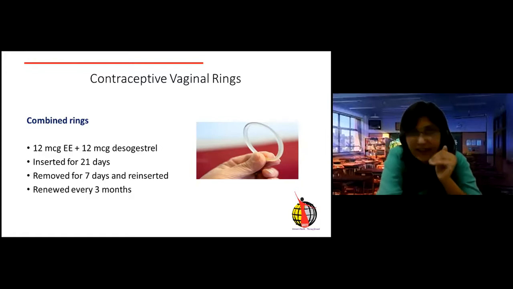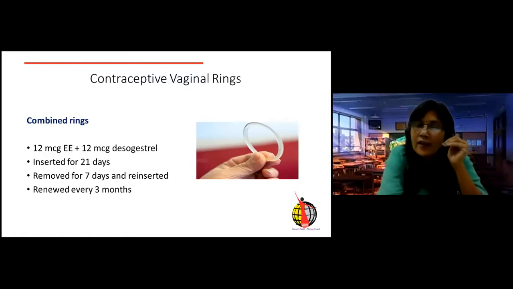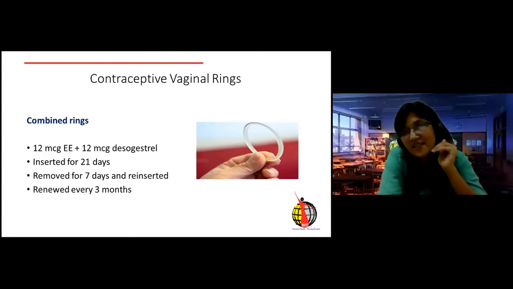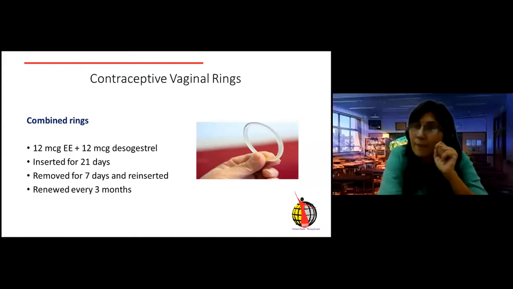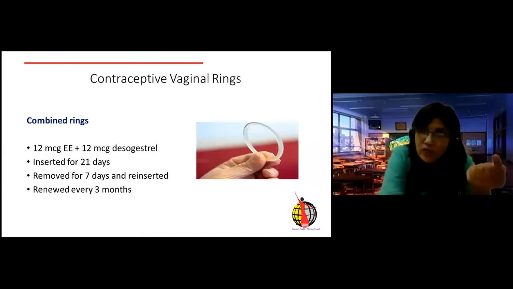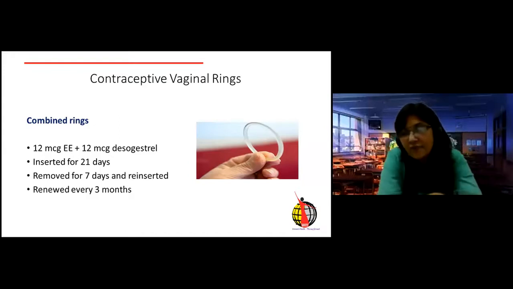This is the content. It has to be inserted for 21 days, removed for 7 days and reinserted. So the same ring can be used for 3 months. Remember that. But it has to be removed for 7 days when they are using a combined ring. Combined means both estrogen and progesterone are there.